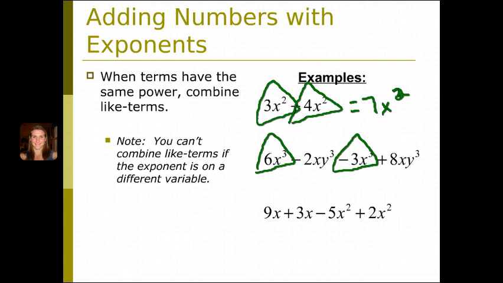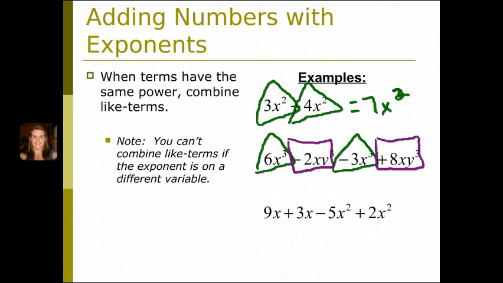But then we also have two other terms in the problem. You've got negative 2xy to the third plus 8xy to the third. So it's very important that we keep our terms together.